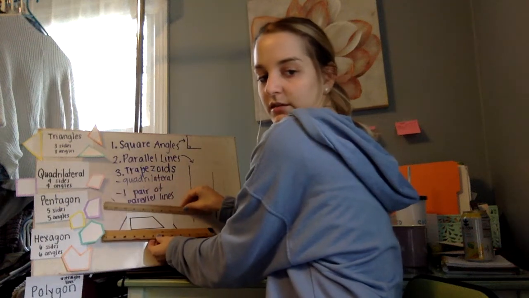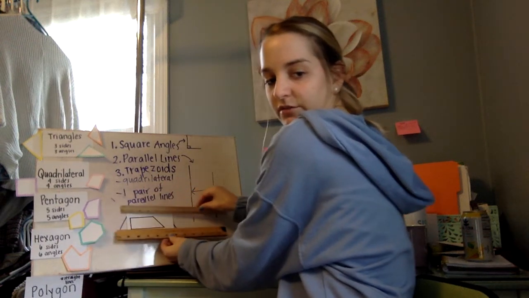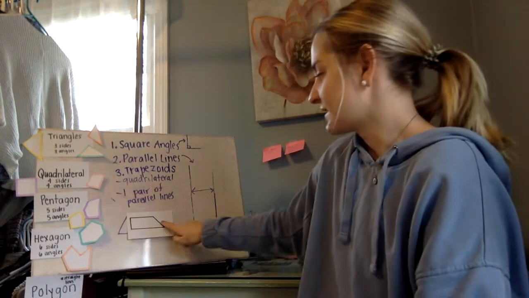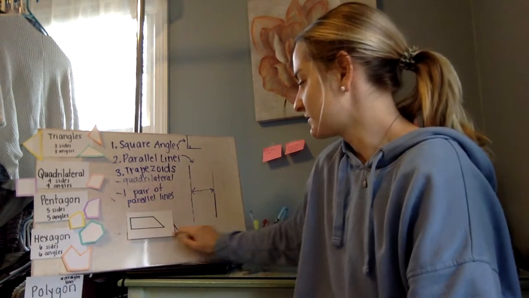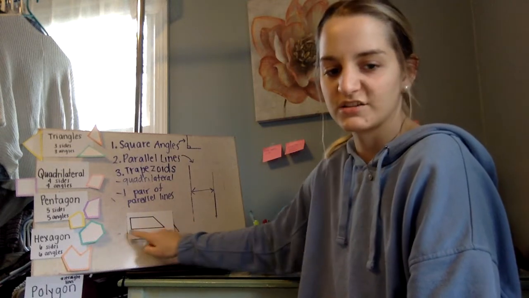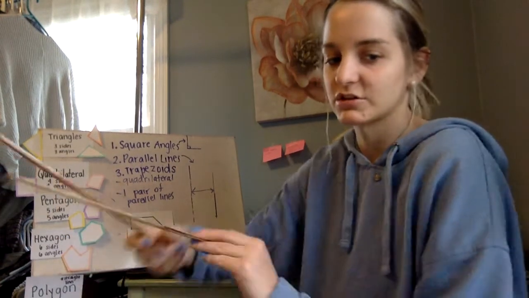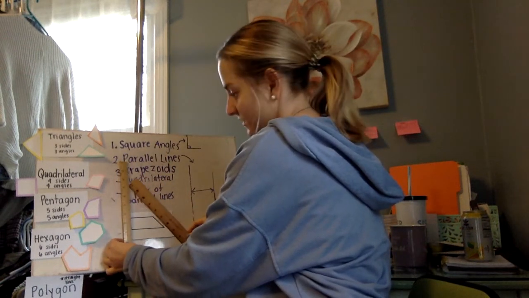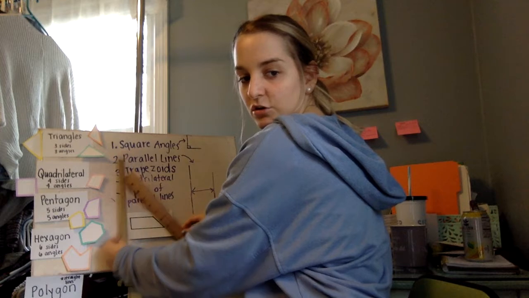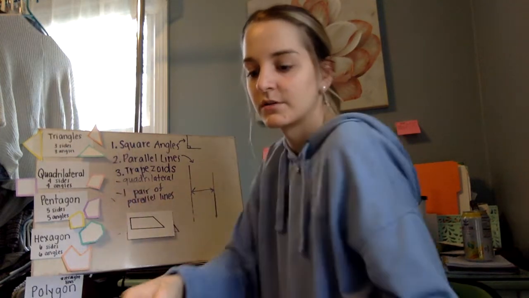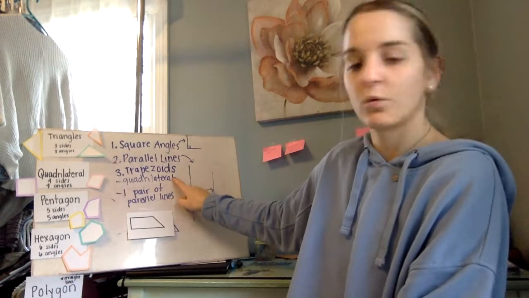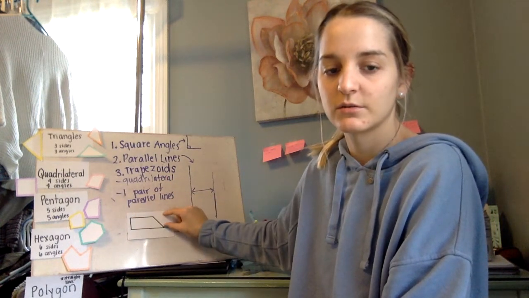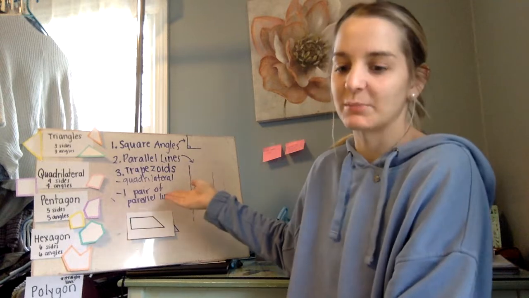These two lines, never going to touch, okay? Now we have to decide if this is one pair of parallel lines. Are these two lines parallel? Let's check. Oh, look, our lines cross. So, this shape is a quadrilateral, and it has one pair of parallel lines, which means we have a trapezoid.